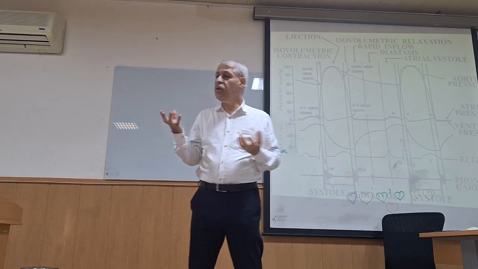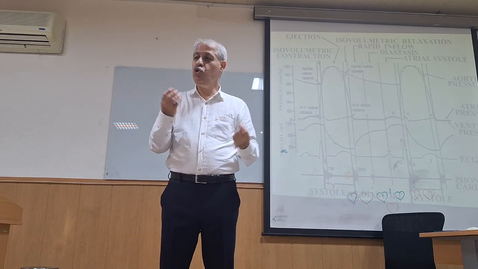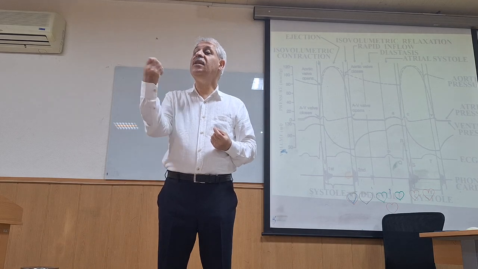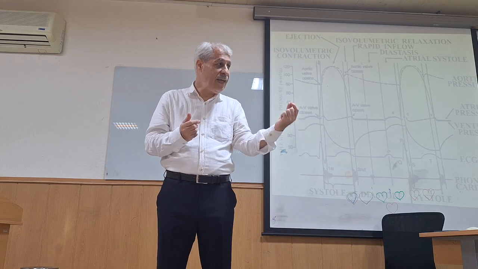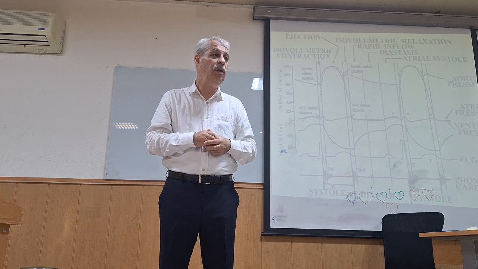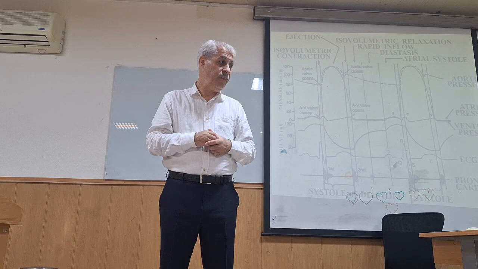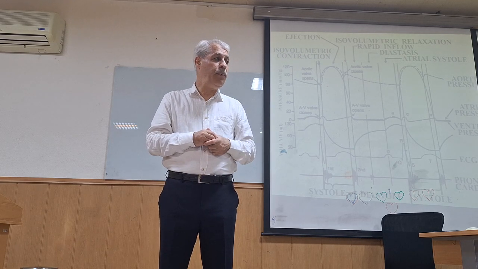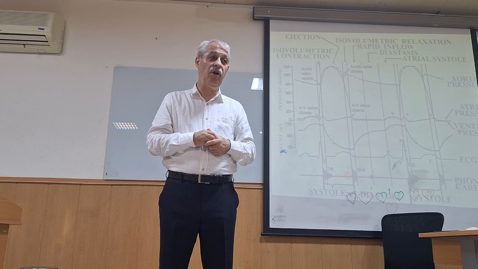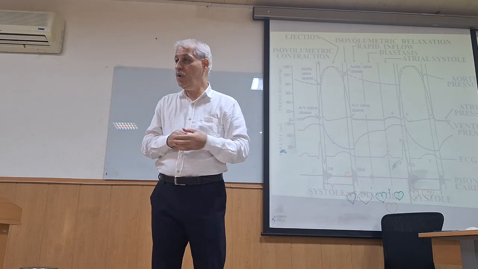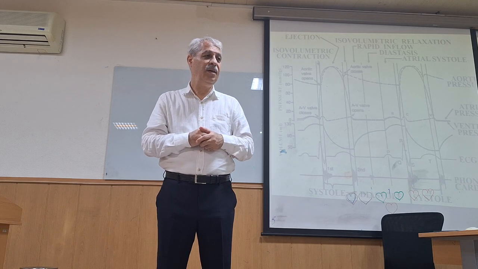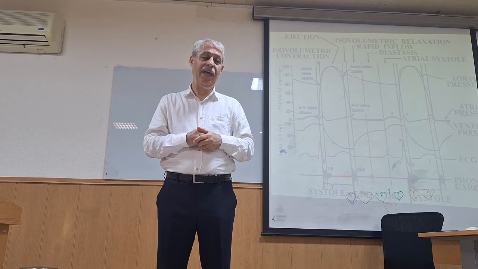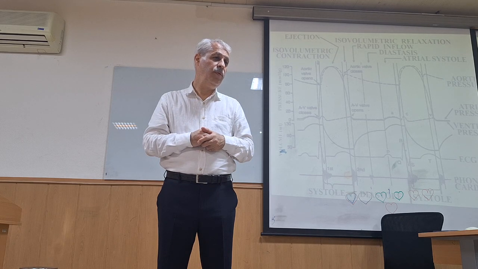In muscle contraction, you should apply a tension to the muscle itself before it contracts. This tension before contraction is called preload. If you do not apply a preload, the muscle will not contract. The preload in the heart is equivalent to venous return.